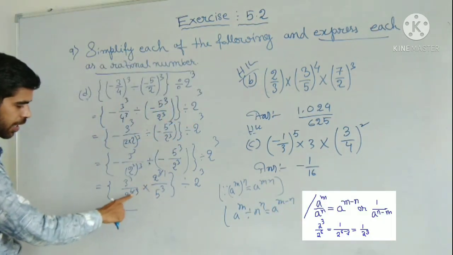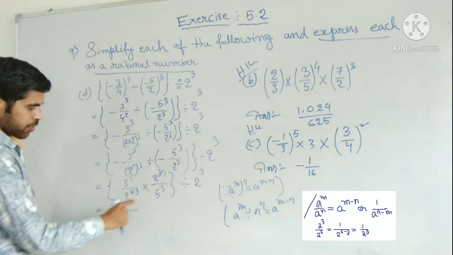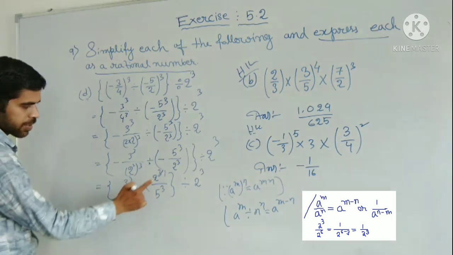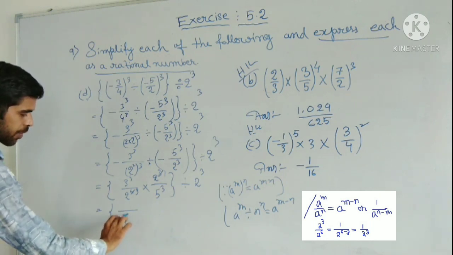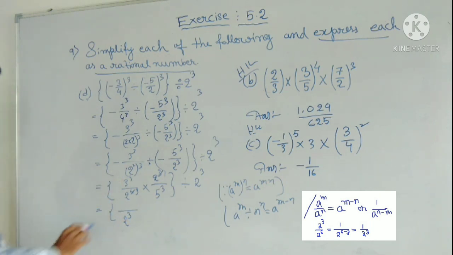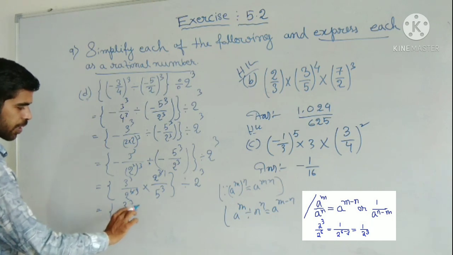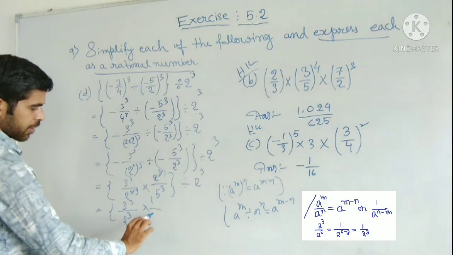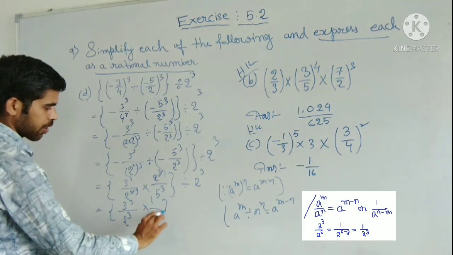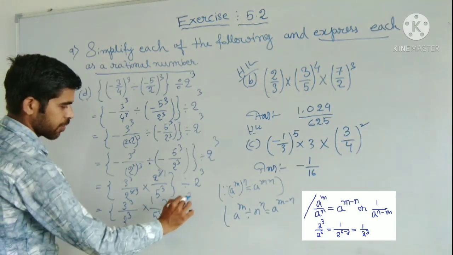So this one is divide, right? So this 6 will be minus 6. Okay, so now there remain what? 2 cube. Okay, there is 3 cube, and then here remain, because 2 cancel, 1 remain, 5 cube. Okay, and their division sign.